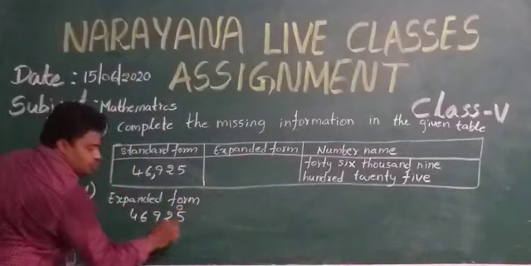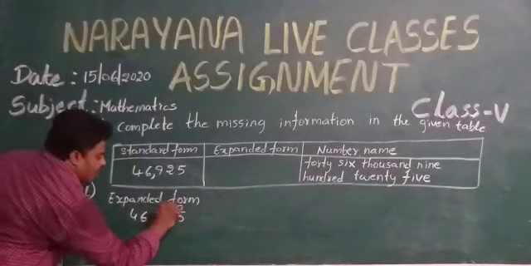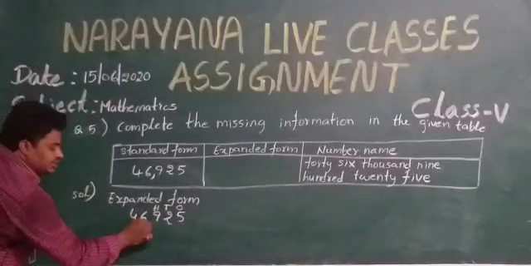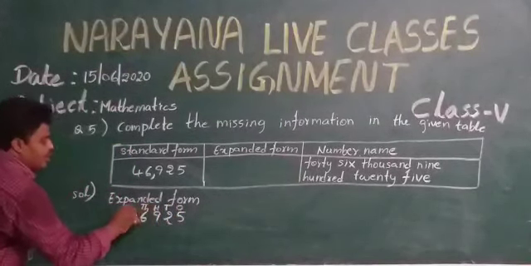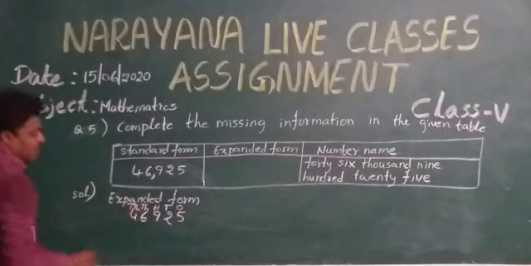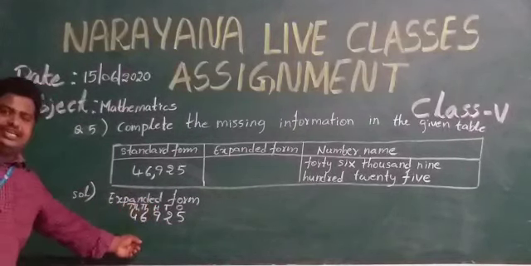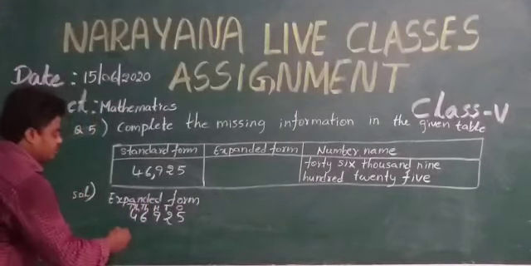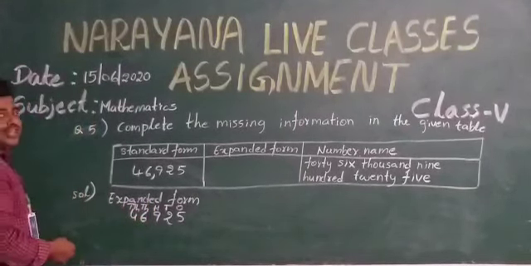Here 5 belongs to ones place, 2 belongs to tens place, 9 belongs to hundreds place, 6 belongs to thousands, 4 belongs to 10,000. So I have to expand this number according to the places by using plus.